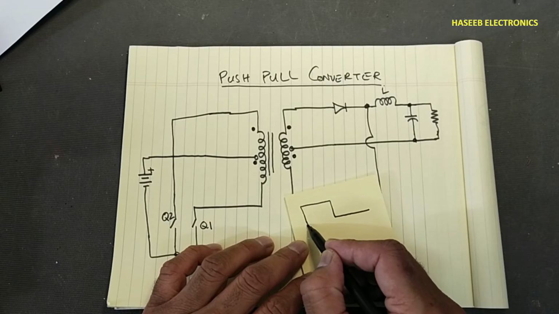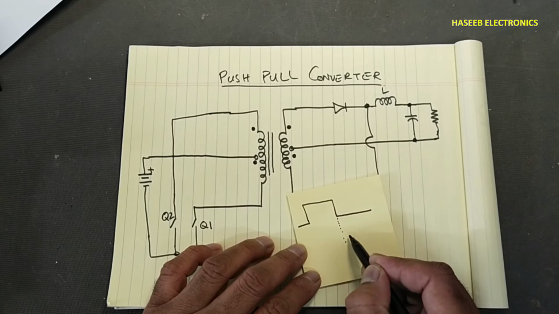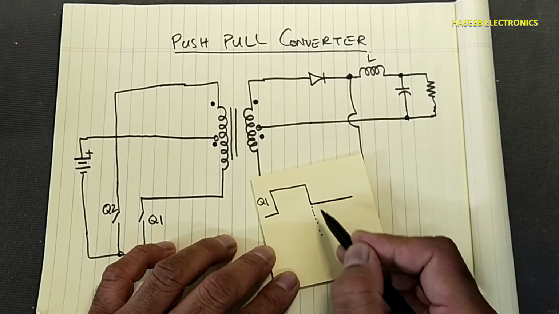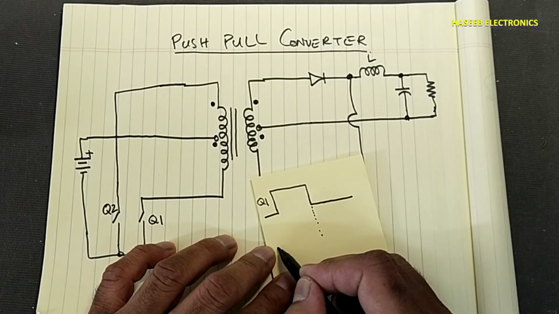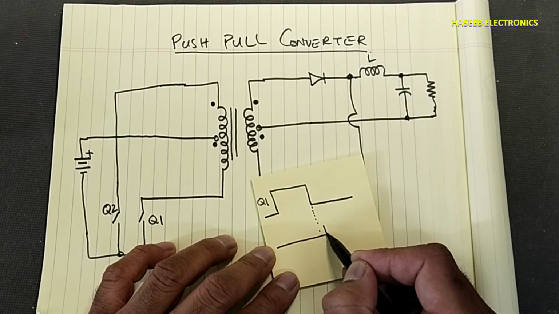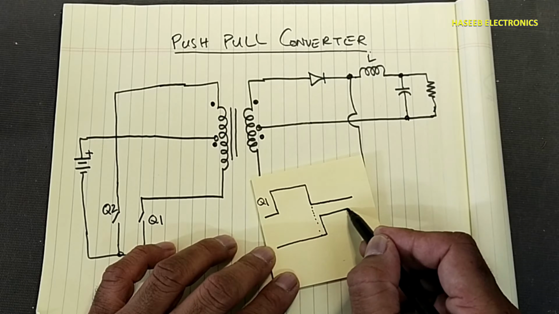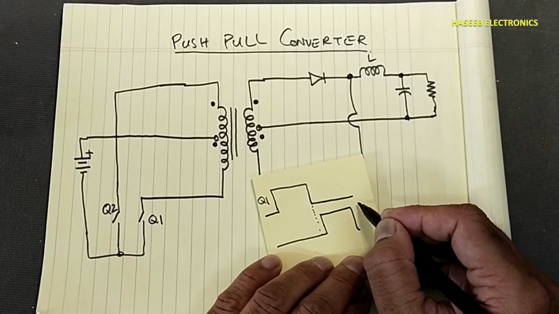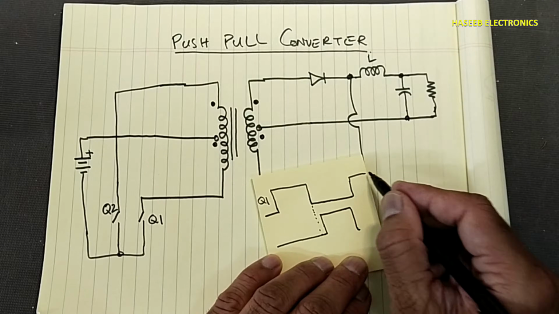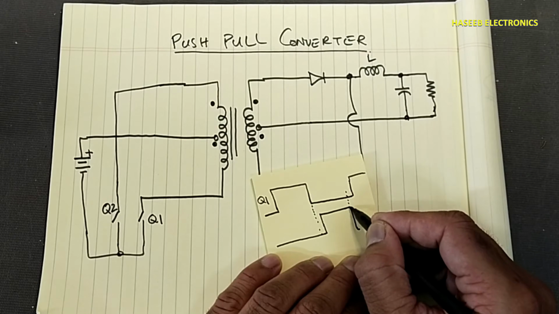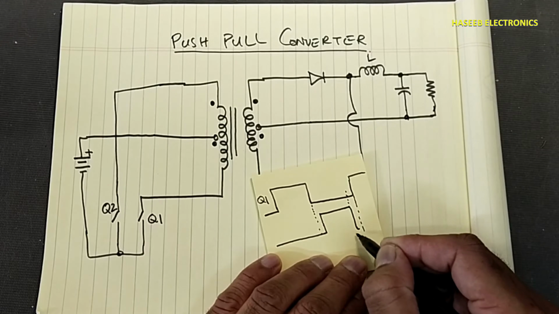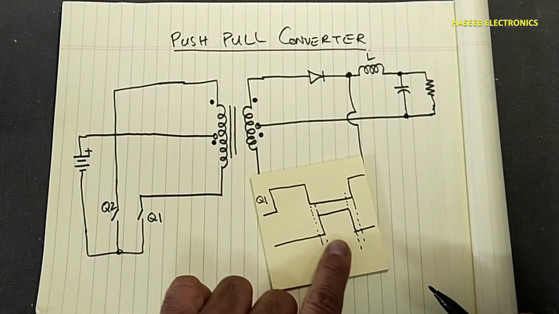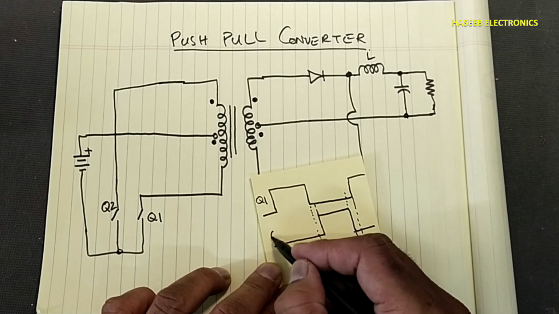This is half a cycle. When Q1 turns off, after a specific time, the second channel turns on. This allocated time is called dead time between both channels.